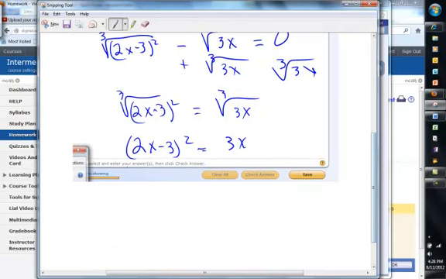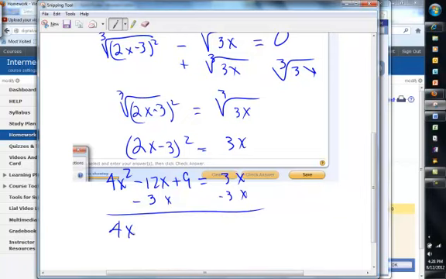Now we still have to square this out, and we get 4x squared minus 12x plus 9 equals 3x. So let's subtract 3x from both sides, and we get 4x squared minus 15x plus 9 equals 0. Let's use our calculator and see if that's factorable.